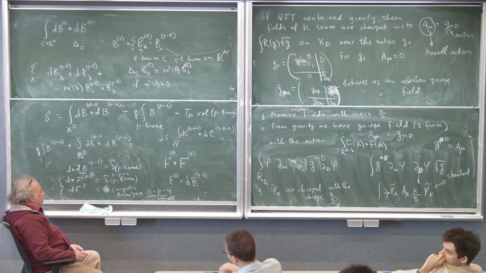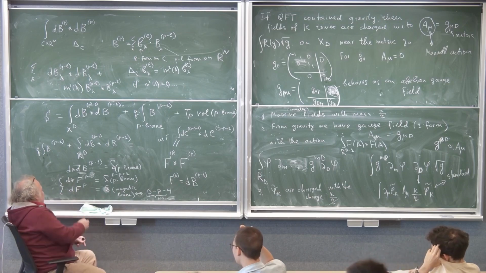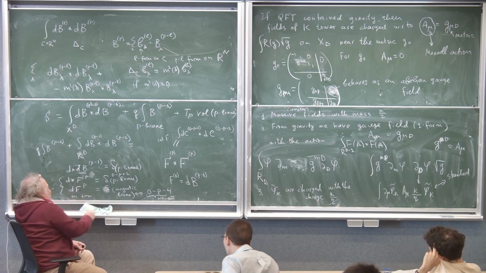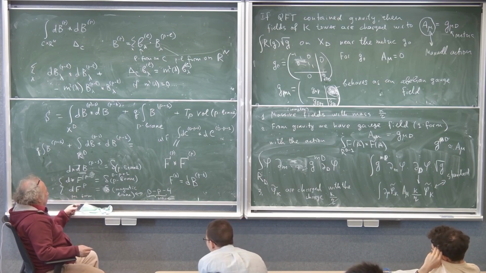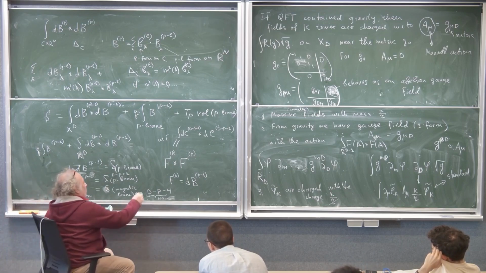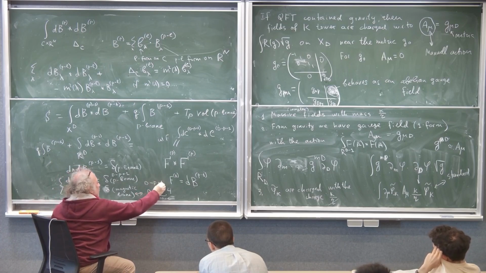So a P plus 1 form means that it is delta on something with dimension D minus P minus 1.